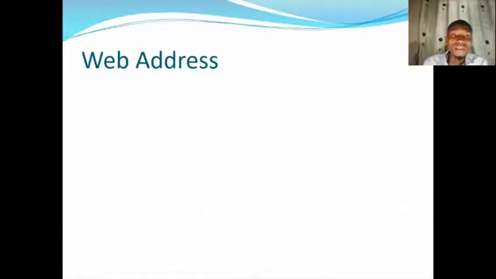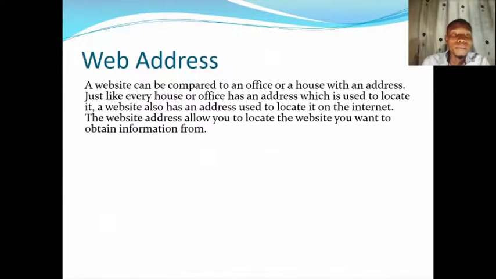So lastly, a web address. How to identify a web address? A website can be compared to an office or a house with an address. Just like every house or office has an address which is used to locate it, a website also has an address used to locate it on the internet.